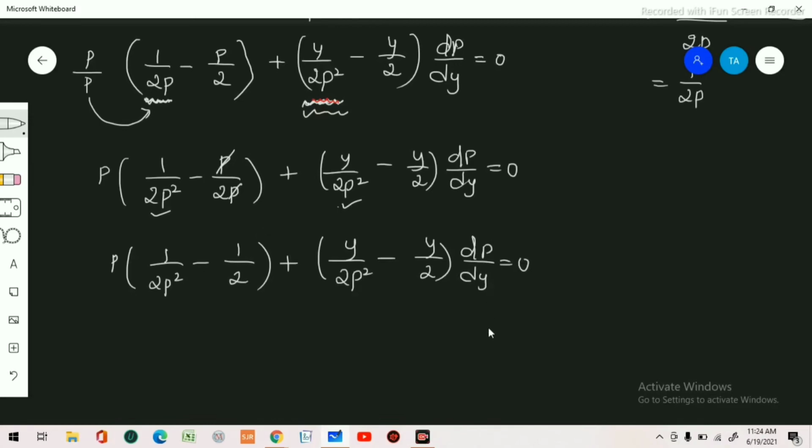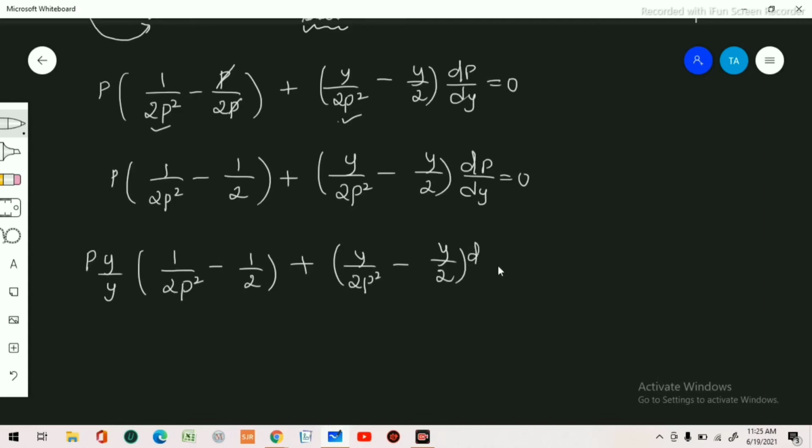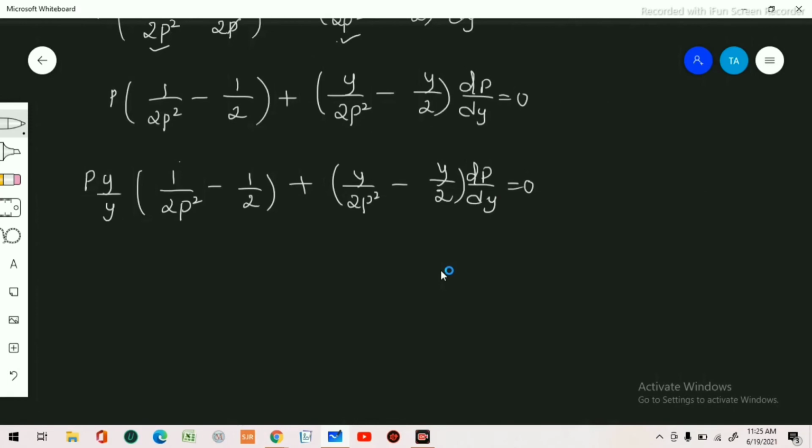In the numerator I have y, that I will multiply again and divide by y, equal to 0. So what can be done next? I want this term as y.